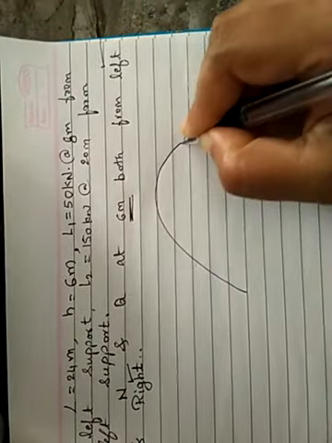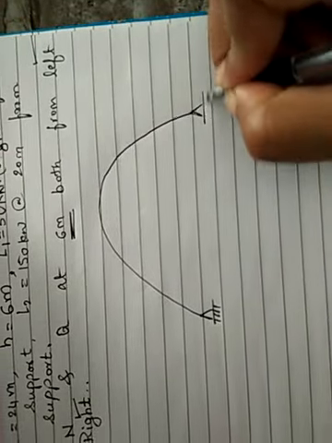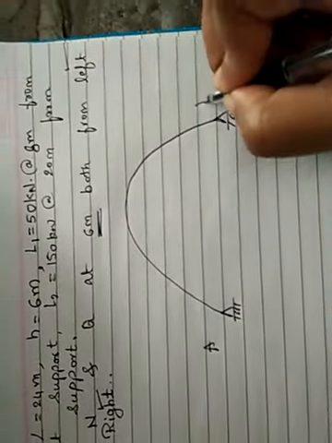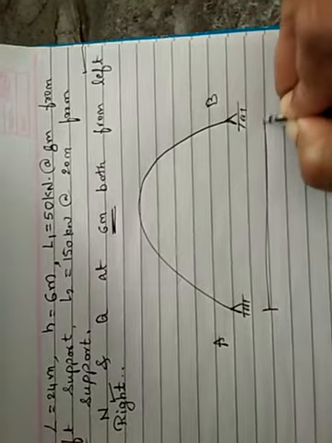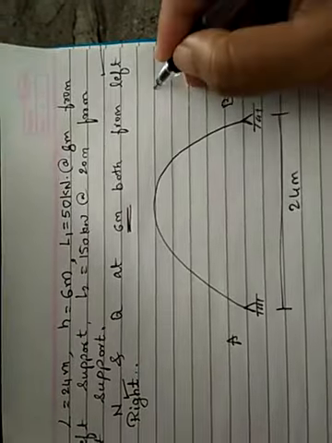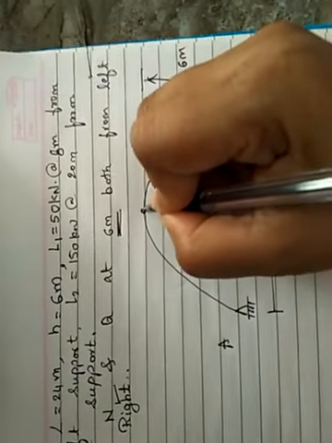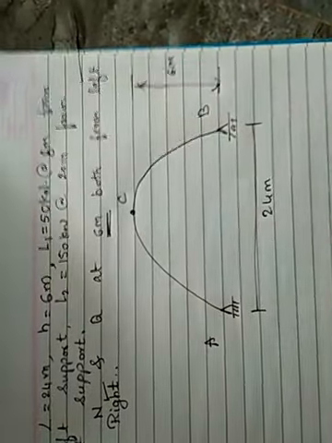So this is the diagram. Here we have a support. Let us name this as A, B, and the given span is 24 meter, and the rise, the highest point, is 6 meter. Here there is a hinge, so this is called 3-hinged.